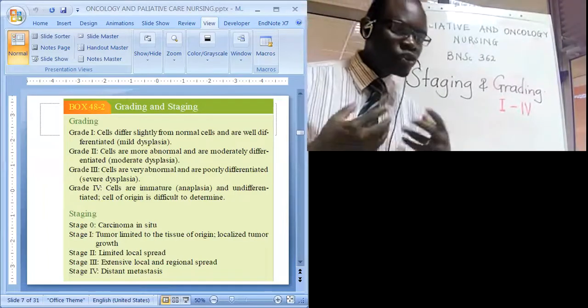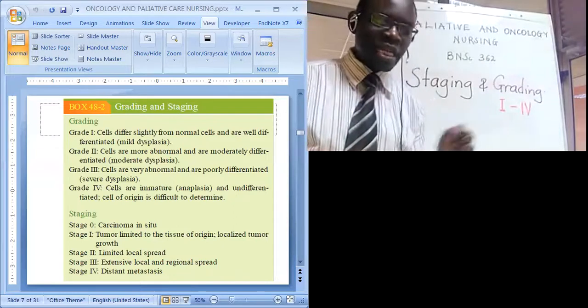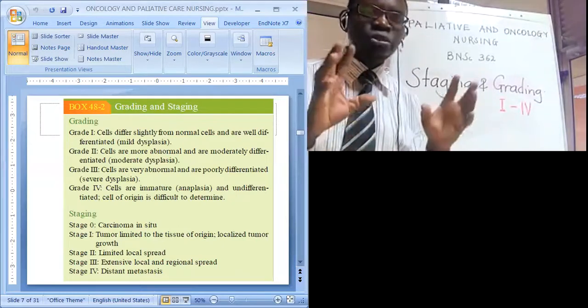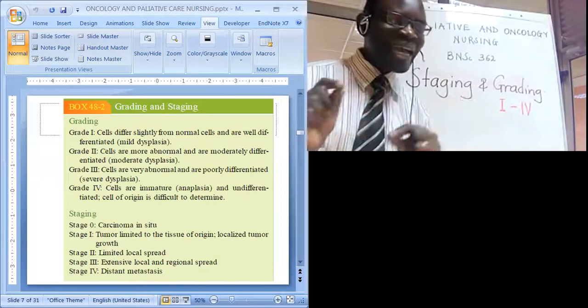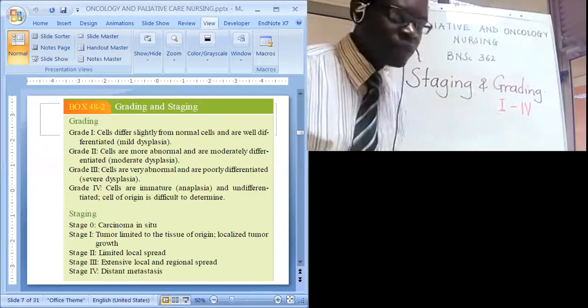They almost resemble the normal cells in that area. So there is what we call mild dysplasia, the slight change.